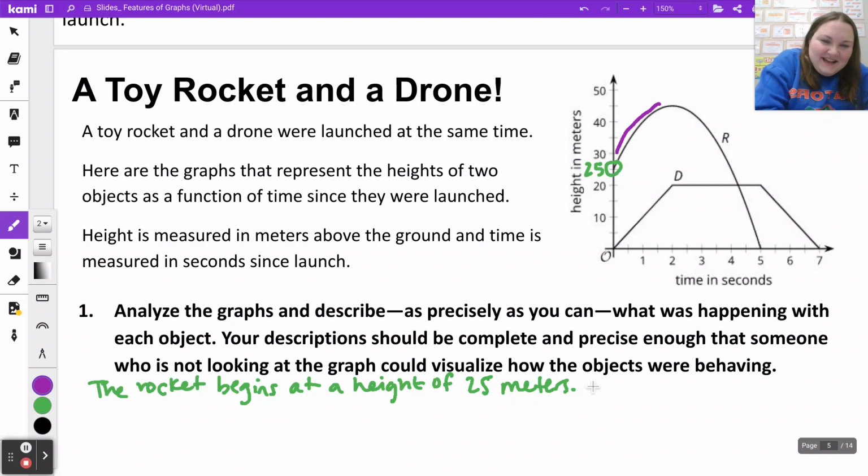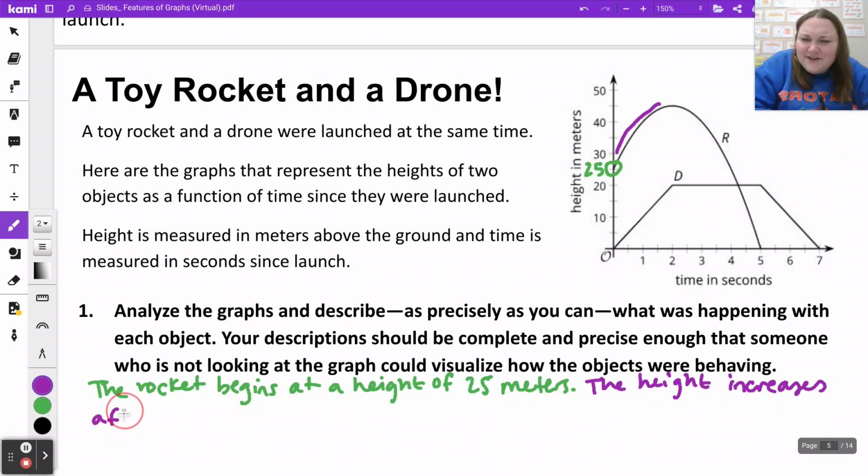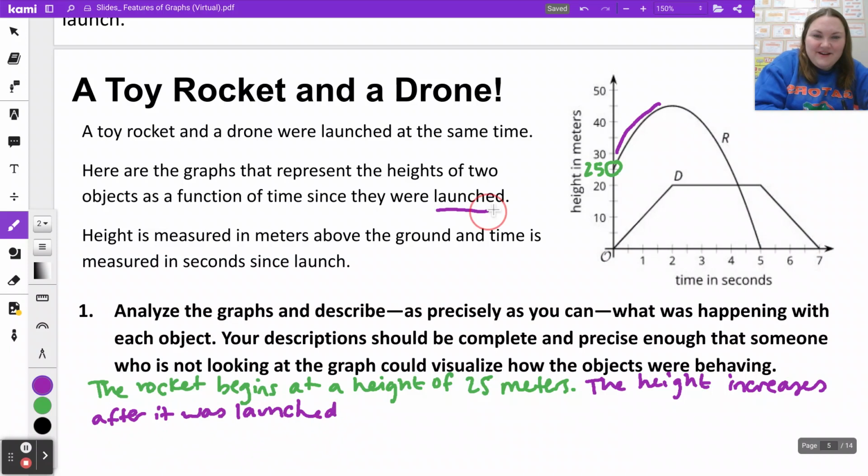So I could say the height increases after it was launched. Launched means like shot up in the air. We're seeing that word here. So the height increases after it was launched.